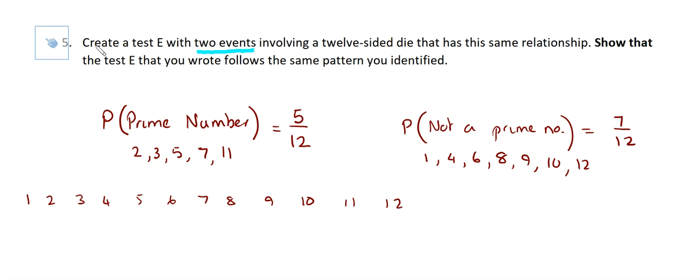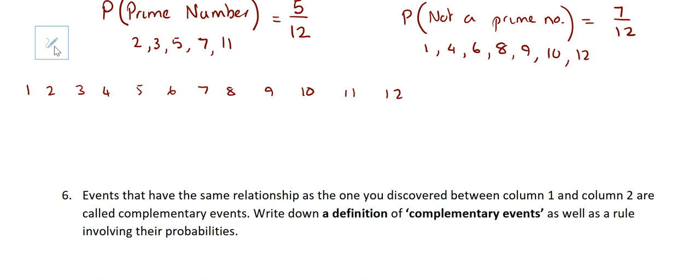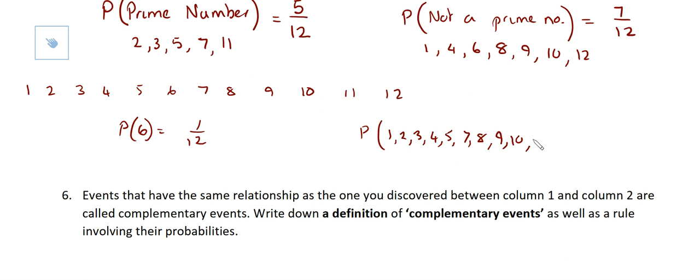Now, you could have done something simpler, like the probability of a 6 is 1 from 12. The probability of 1, 2, 3, 4, 5, 7, 8, 9, 10, 11, 12, or you could have said not 6, would equal 11 from 12. Equally, that's fine. All right, no problem with that.